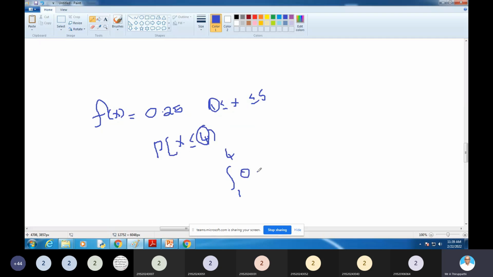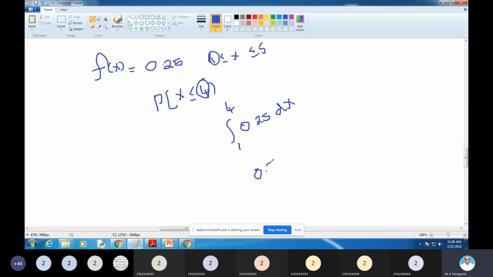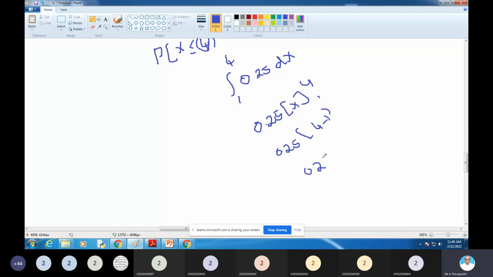f of x is 0.25, so the integral of 0.25 dx. 0.25 is a constant, take it outside. The integral of dx is nothing but x. So from 1 to 4, it is 0.25 times upper limit 4 minus 1. 4 minus 1 is 3, so 0.25 into 3 is 3 by 4.